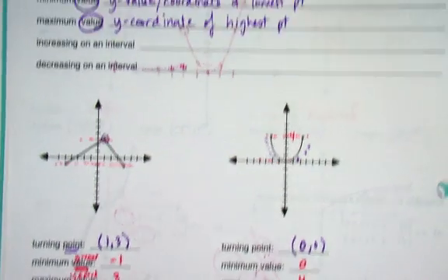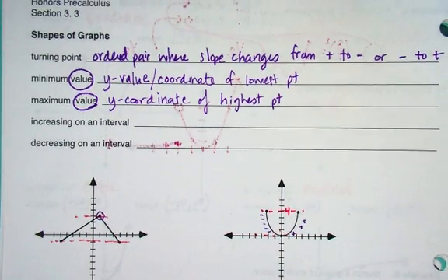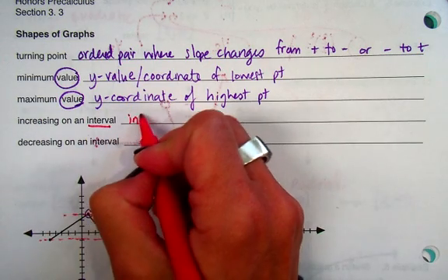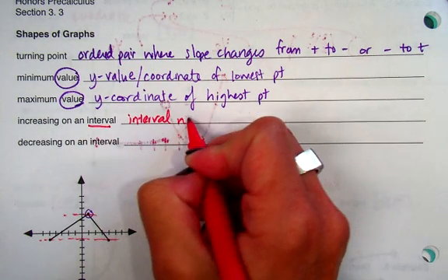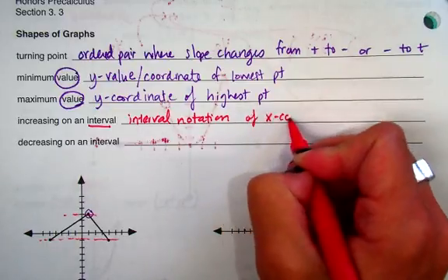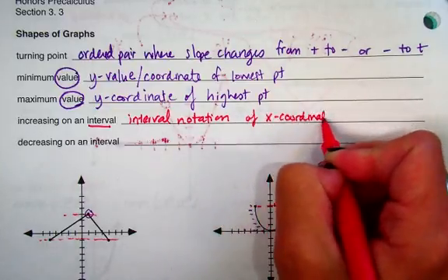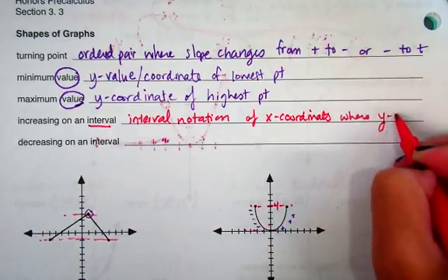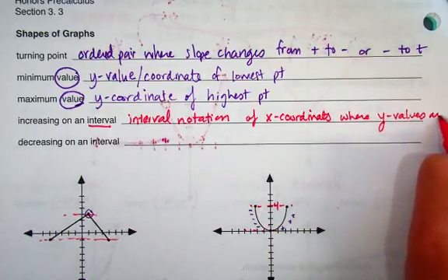Increasing on an interval. Interval is your key here, so you need your answer in interval notation. And this is now the x coordinates where your y values are increasing.